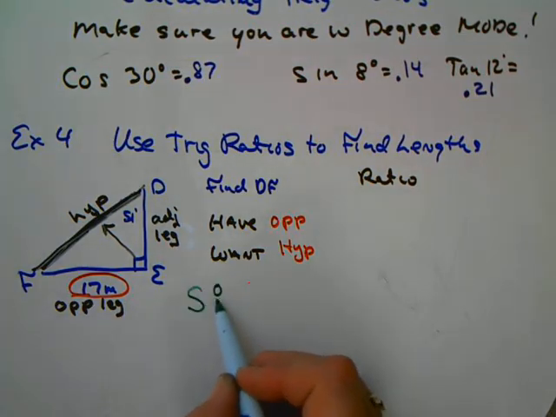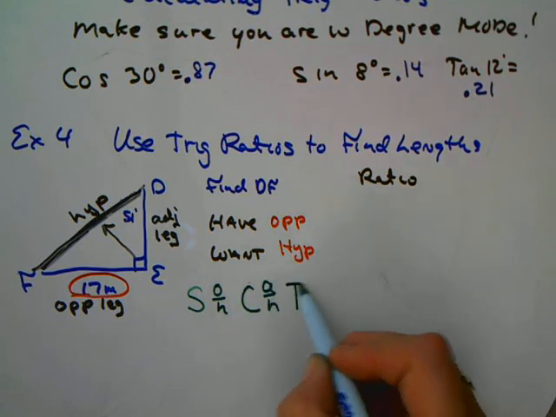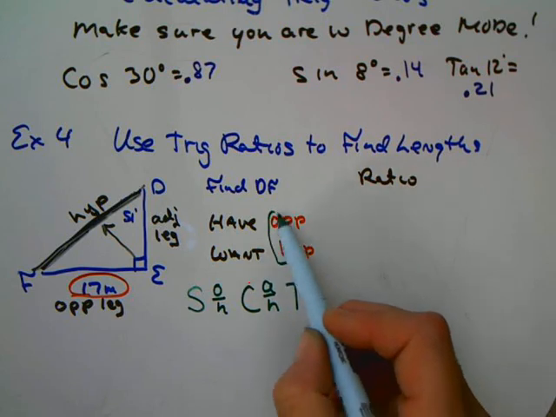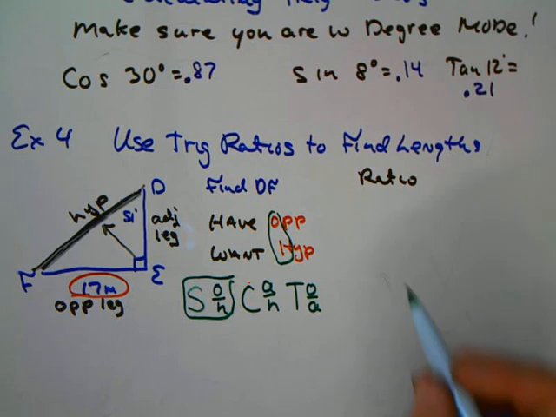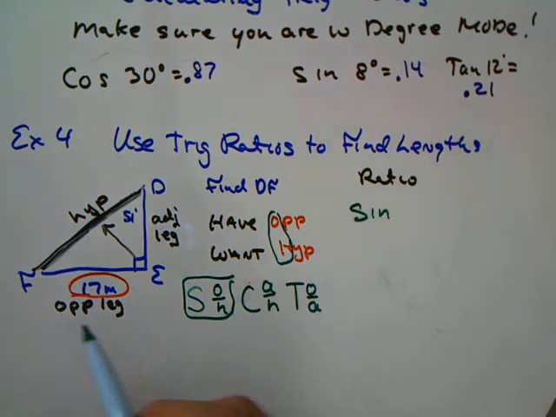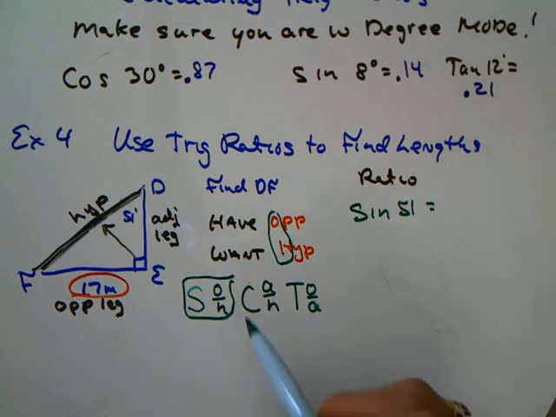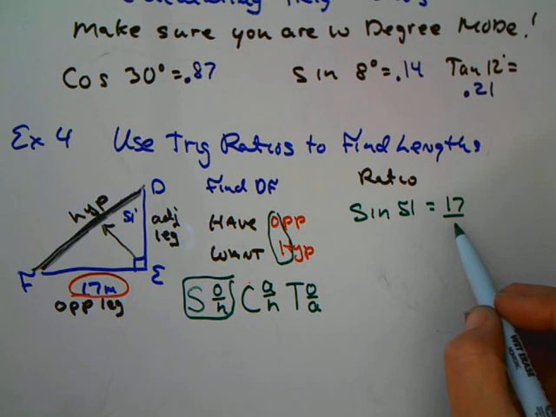SOH CAH TOA. The opposite over the hypotenuse is my sine ratio. So I'll write the sine of 51 degrees equals the opposite leg, 17, over the hypotenuse, which is DF.